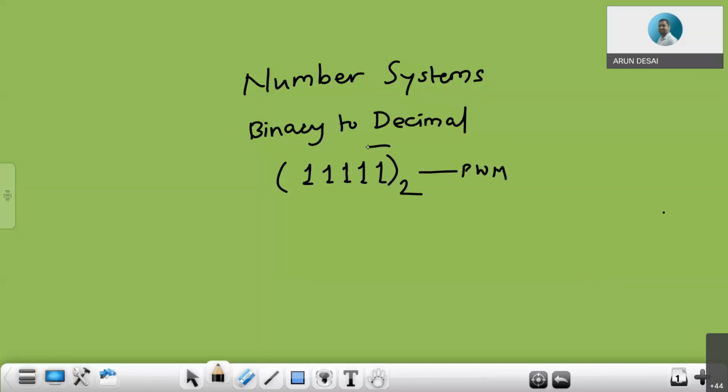So starting from the right side, this is the zeroth position, first, second, third, and fourth. So 1 into 2 raised to 4 plus 1 into 2 raised to 3, likewise. So complete this.